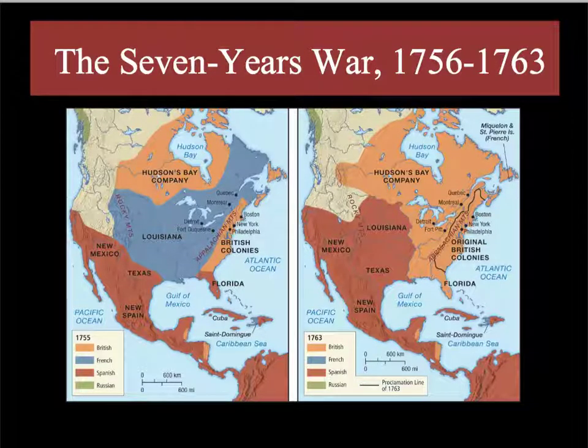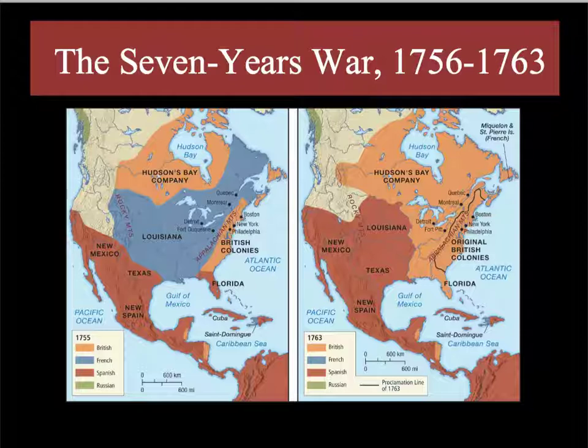Connections also meant war. The Seven Years' War, which lasted from 1756 to 1763, was perhaps the First World War. The key contenders were France and England, although some other European powers were also involved. They fought in North America, in India, in Europe, and at sea.